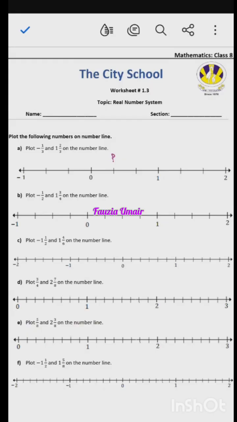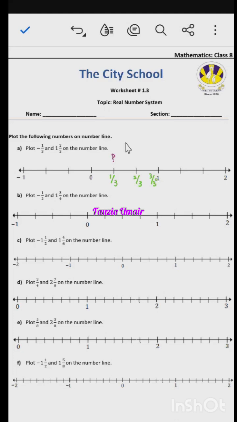Jasim, yes beta. If between 0 and 1 there are 3 parts, what will be the marking on this one, the first part? Ma'am, 1/3. Excellent. It is 1/3. So then this would be 2/3. And this is basically 3/3, which is equal to 1.